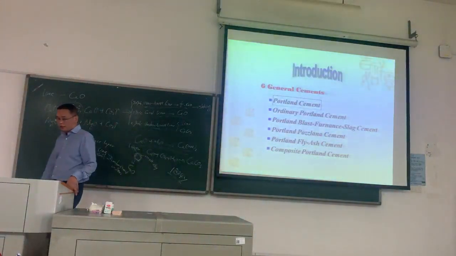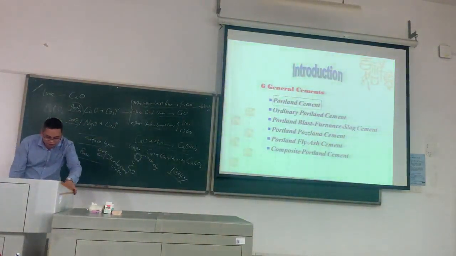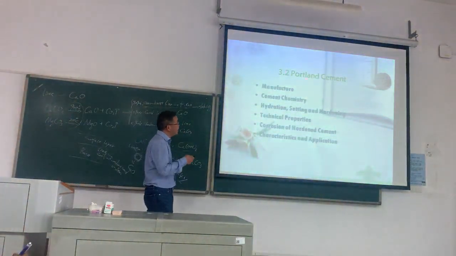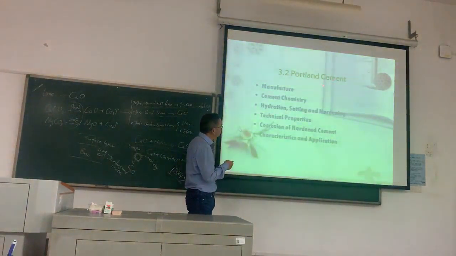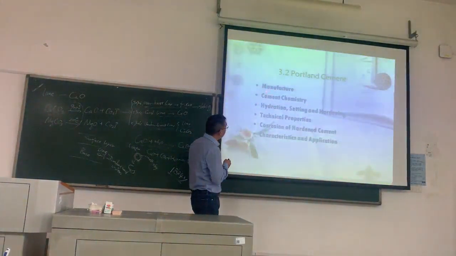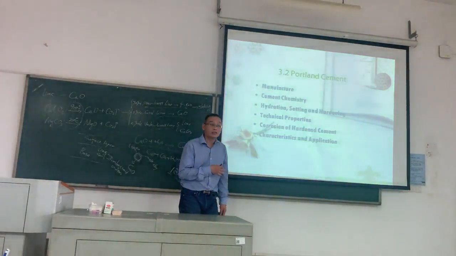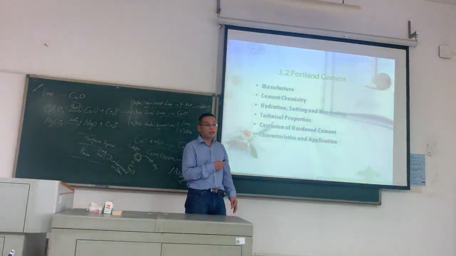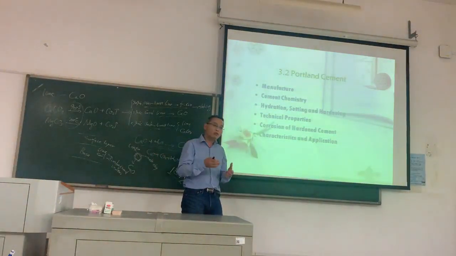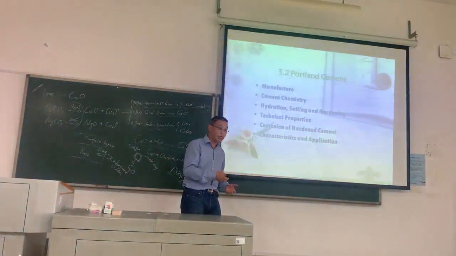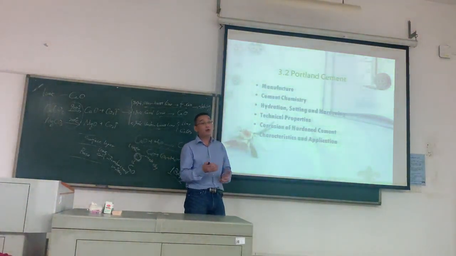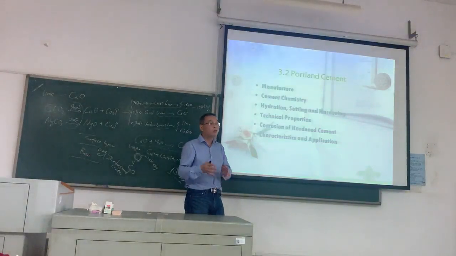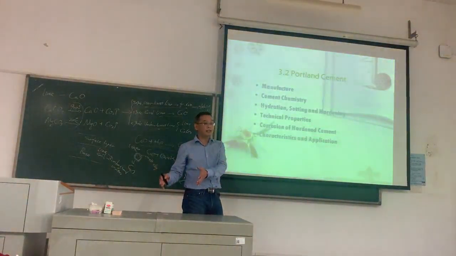So this is about the general cements. And then we are studying about something about the Portland cement. The first one is about the manufacture or the production of the Portland cement. We need to know what kind of raw materials we need to use, and then what kind of technologies we need to conduct to produce the Portland cement.